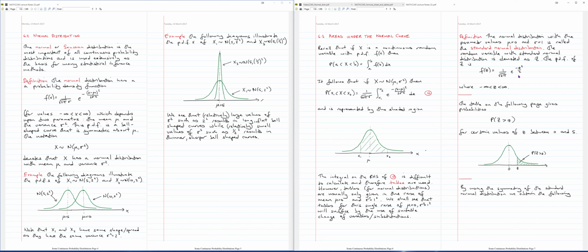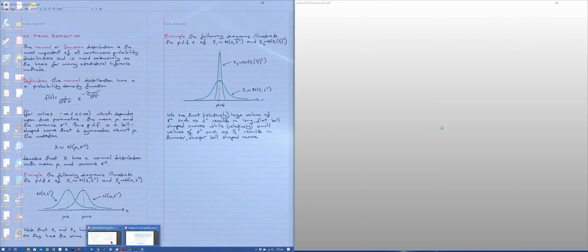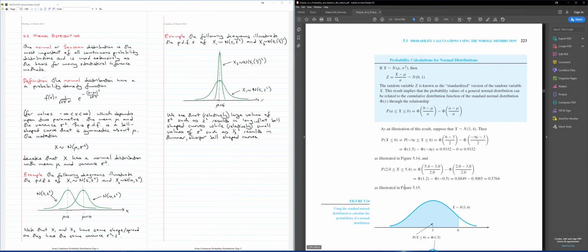This is what you get by letting mu equal to 0 and sigma equal to 1, and doing the conversion, so the x will change to z. Given this, this is how you would convert. We will talk about this later.